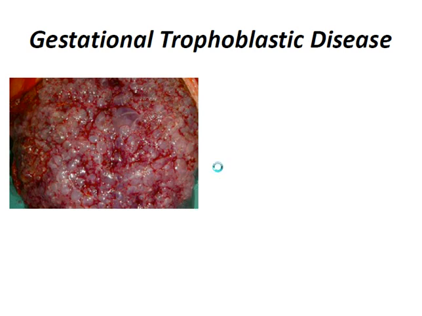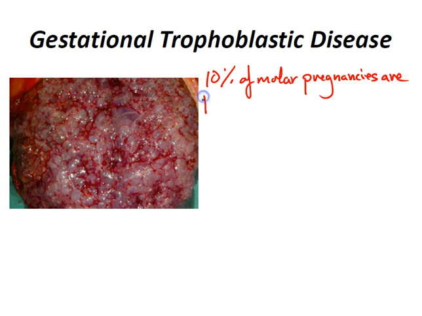So now let's talk about the 10%, since we've talked about the 90%. Now, 10% of molar pregnancies are partial hydatidiform moles. Two sperms simultaneously fertilize an egg in this.